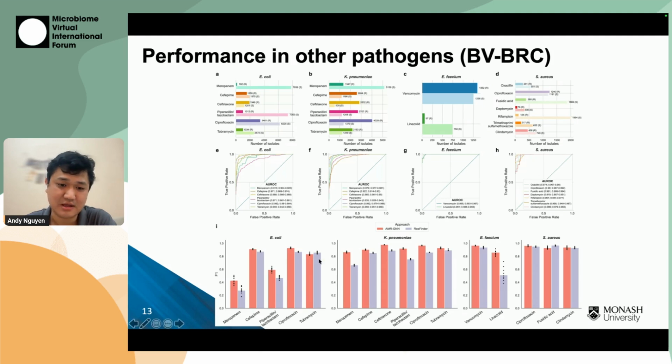As you can see here in the results, AMR-GNN performs better than ResFinder in most cases, except for some cases, for example fusidic acid in Staph aureus or oxytetracycline in E. coli.